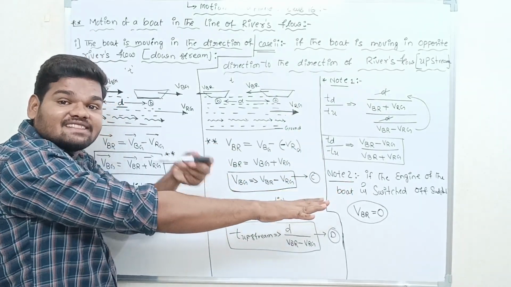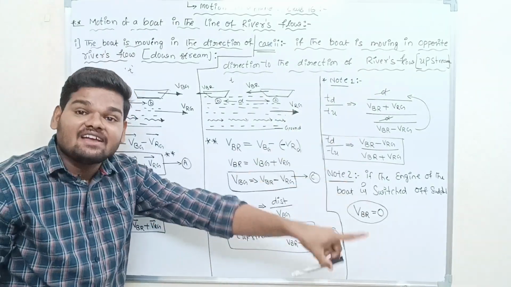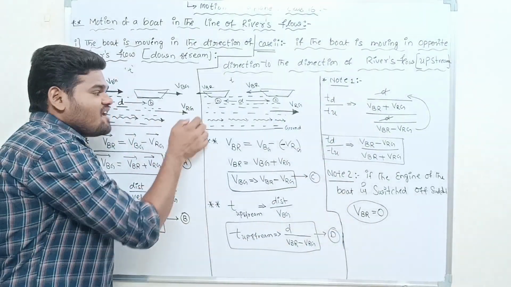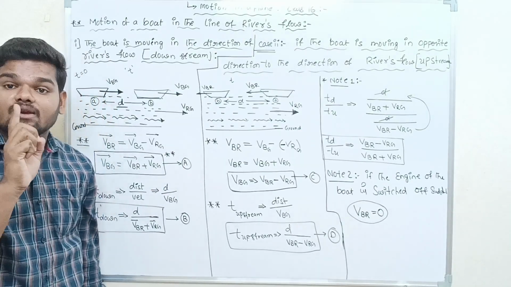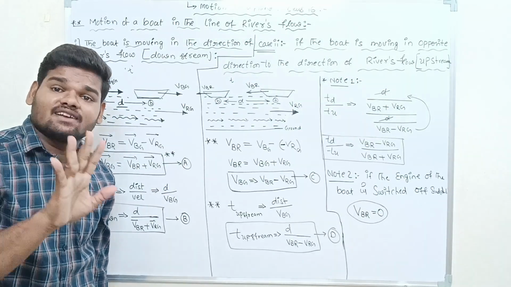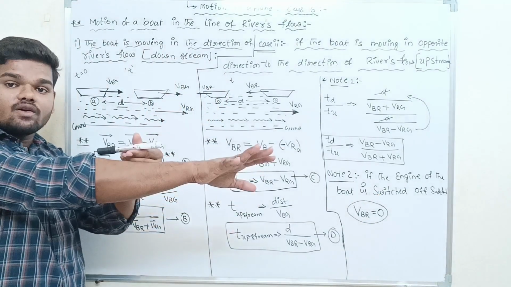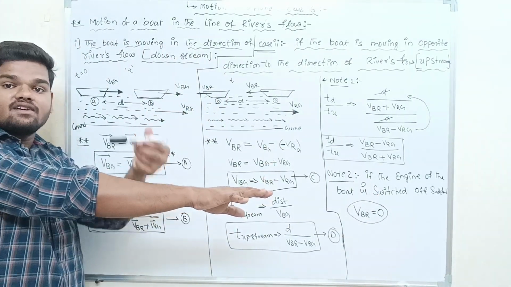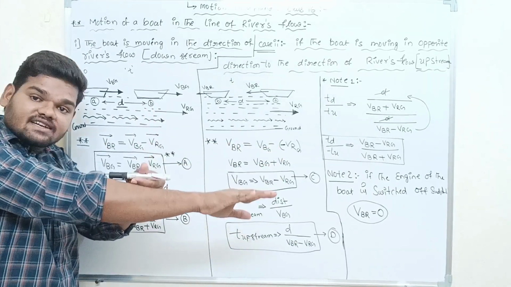Then this boat is also moving on the surface of the water with the same velocity as the river. Any doubts? Easy concept. So if the engine of the boat is switched off, then the velocity of boat becomes zero with respect to river. So with respect to river, the boat is in a still condition, at a constant position.